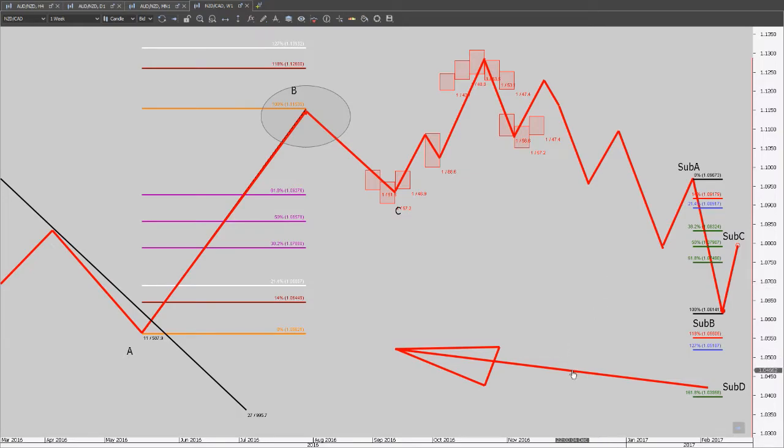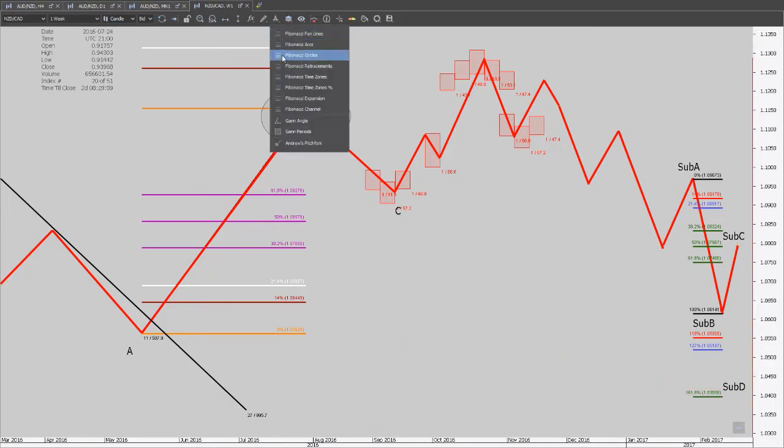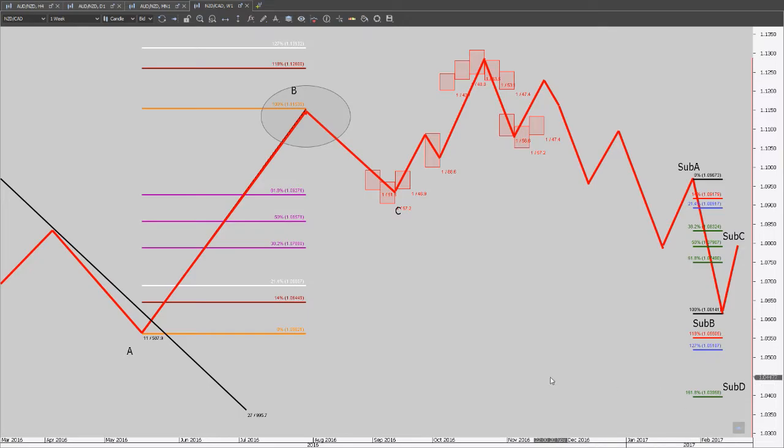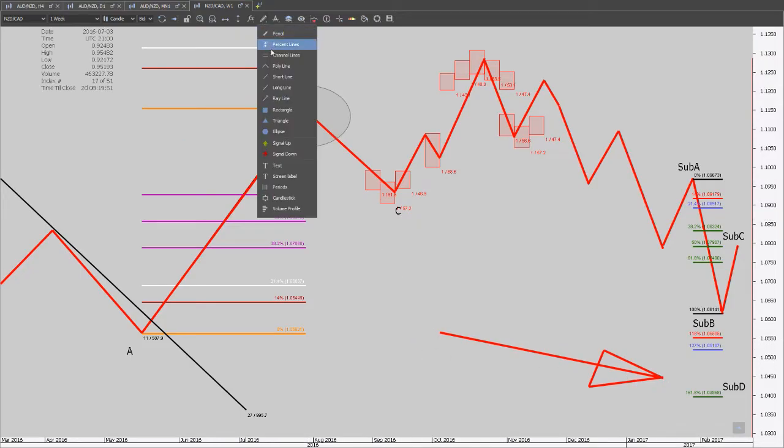Okay, and the reason is the sub D is below, the sub B is below the capital A of the original one.